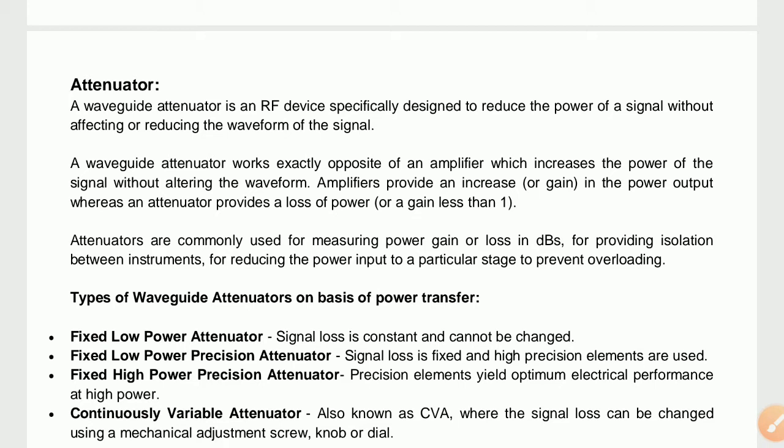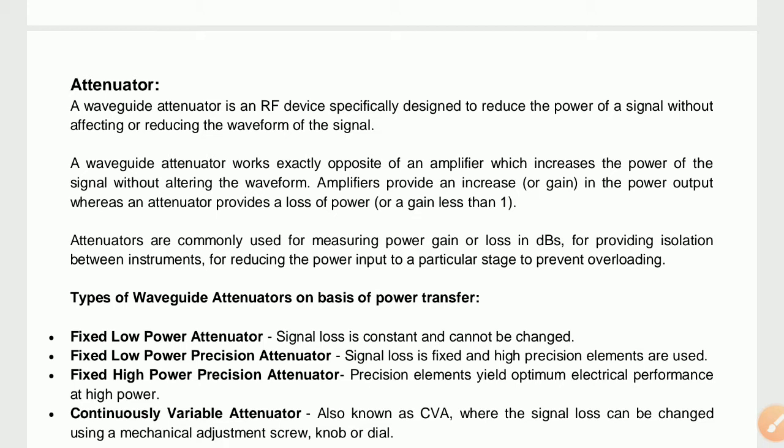So let's discuss the attenuator. It is given in the description that a waveguide attenuator is an RF, radio frequency, device specifically designed to reduce the power of a signal without affecting or changing the waveform of the signal.